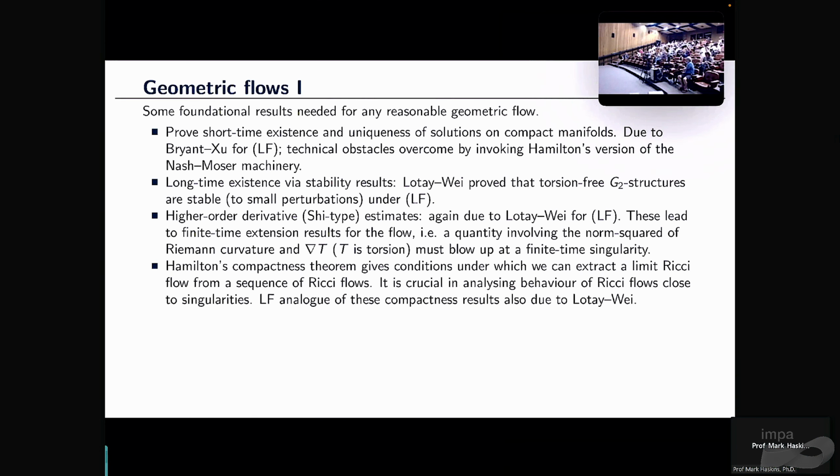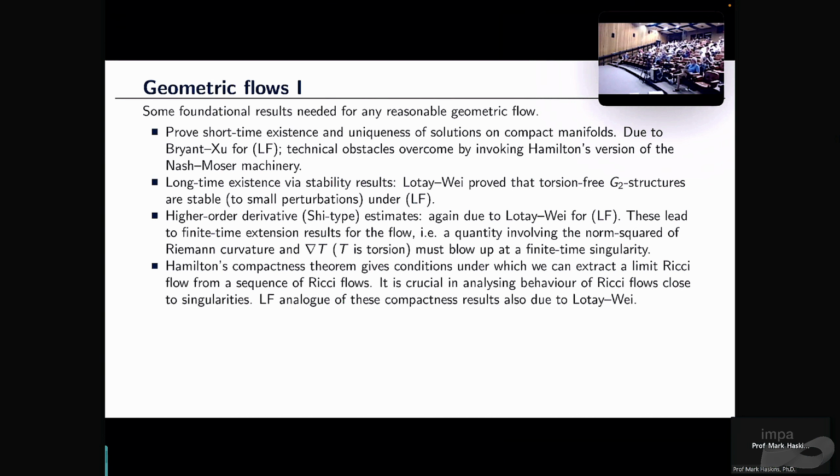So another crucial part of the package for any reasonable geometric flow is some sort of analog of Hamilton's compactness theorem. Hamilton's compactness theorem gives us some conditions under which, given a sequence of Ricci flows, we can extract a limit Ricci flow.